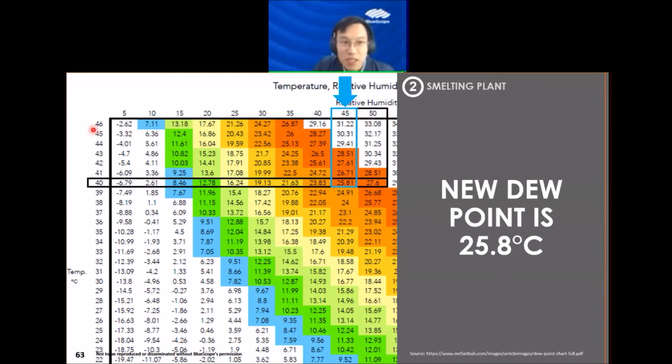If the air temperature is well over 100 degrees Celsius, then I would imagine the dew point would be well over 30 or 40 degrees Celsius, which is over the normal temperature during the day also. So even during the day, there will be condensation happening underneath the roof, and this will be worse compared to colder temperature.